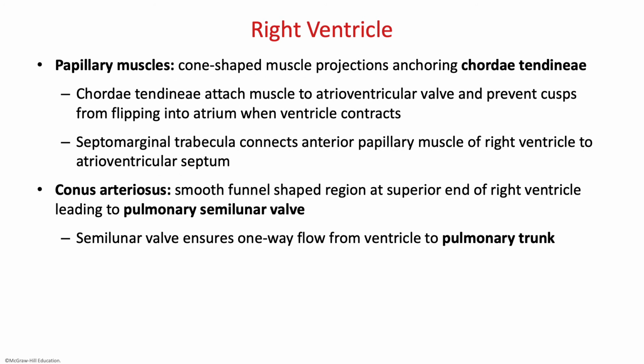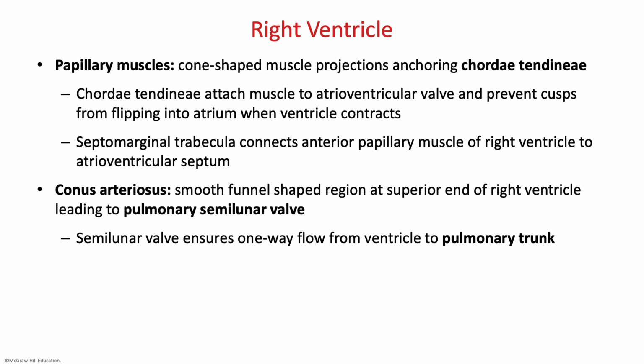The right ventricle, as well as the left ventricle, has what we call papillary muscles, which are cone-shaped muscle projections anchoring the chordae tendineae. And the chordae tendineae were those thin, string-like structures that attach the muscle to the atrioventricular valve and prevent the cusps from flipping into the atrium when the ventricle contracts.